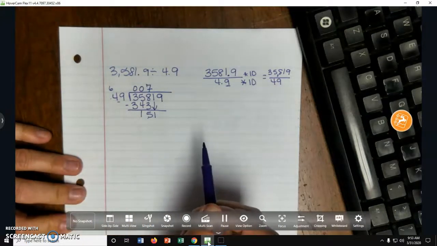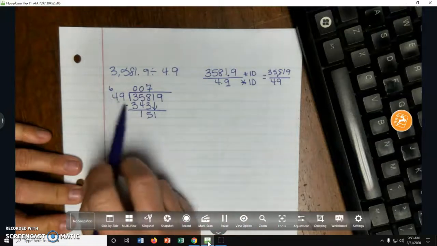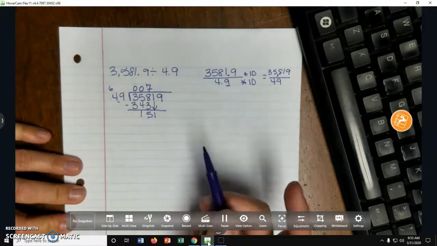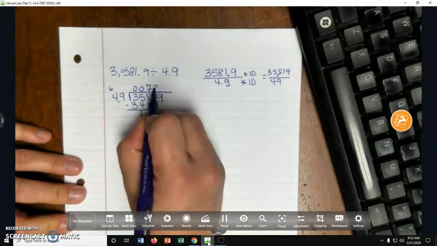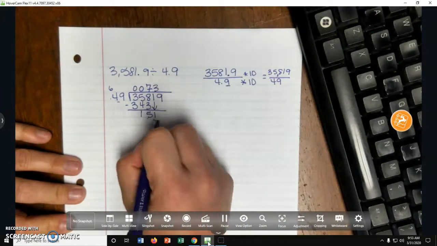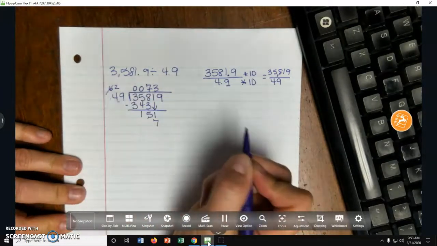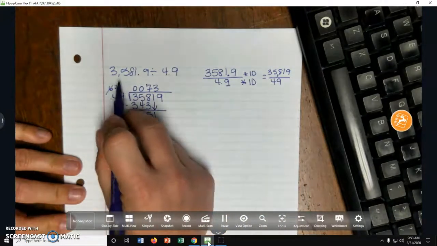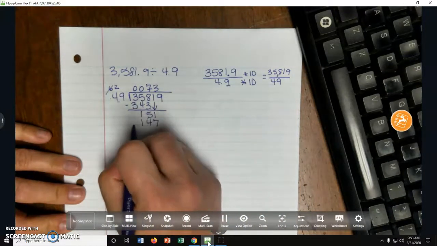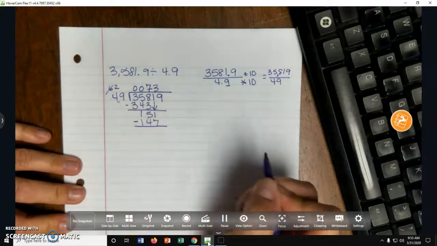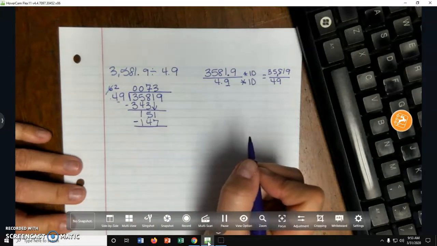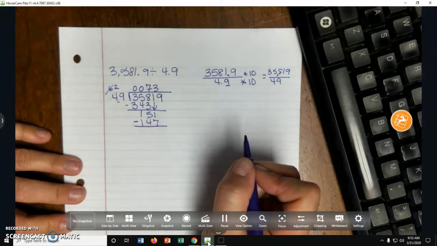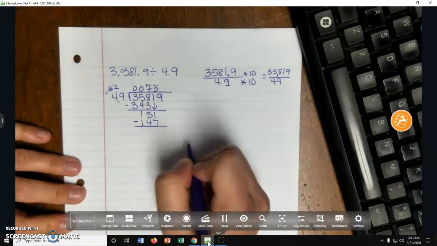Counting by those groups of almost 50 again, so 50, 100, 150, I'm going to try 3. 9 times 3 is 27. 4 times 3 is 12, plus 2 is 14. From here, we should start being able to think about this. We don't always have to rename units.